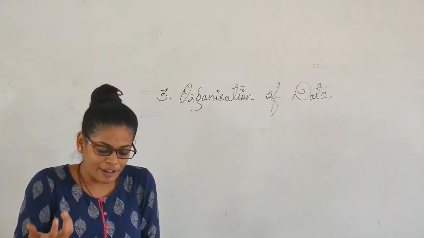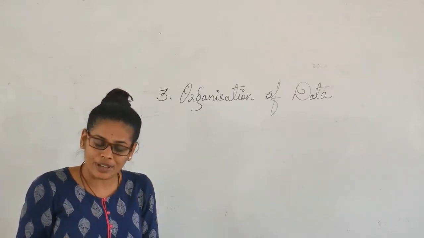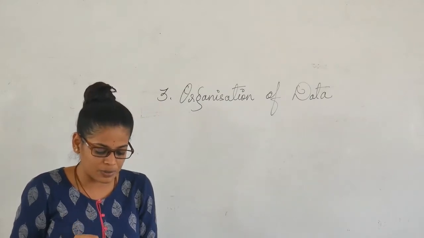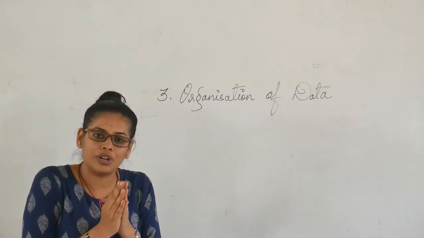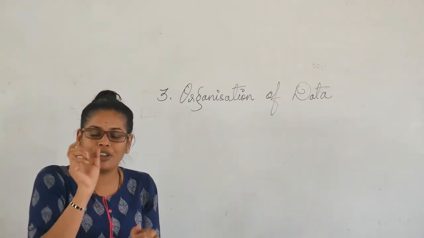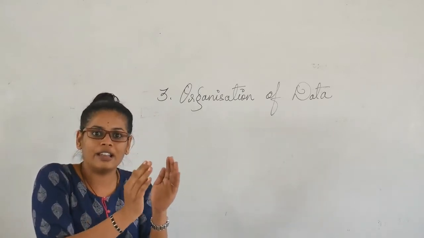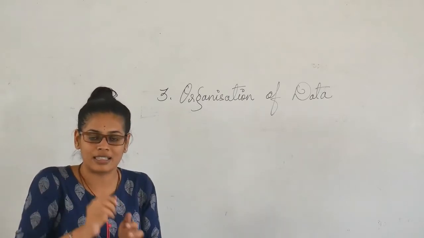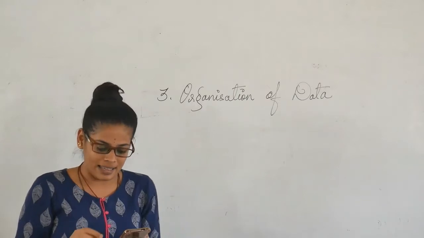When we classify our raw data of a continuous variable as a frequency distribution, we group individual observations into classes. So we make a range wherein we have a lower limit of the class and also an upper limit of the class.